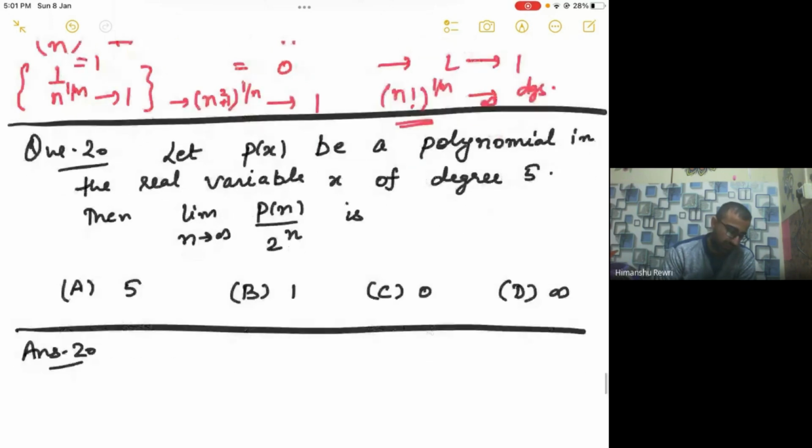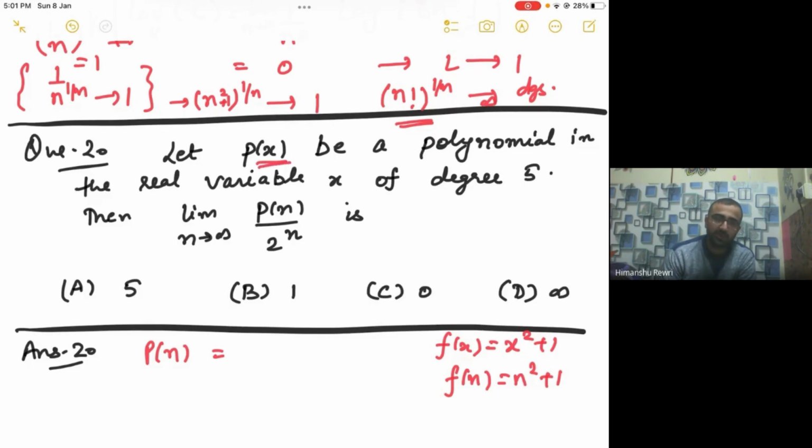Here p(n) means, if we have a function f(x) which is x square plus 1, then f(n) means n square plus 1. So here p(x) is a polynomial in variable x of degree 5, and we substitute n in the place of x. So what can you comment about this limit of p(n) divided by 2 raised to the power n?